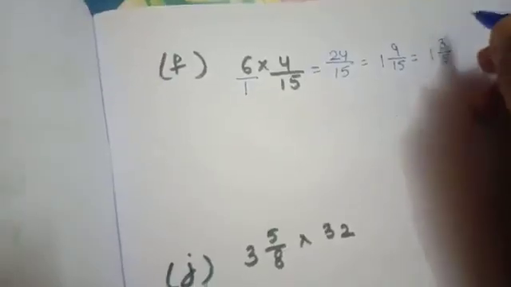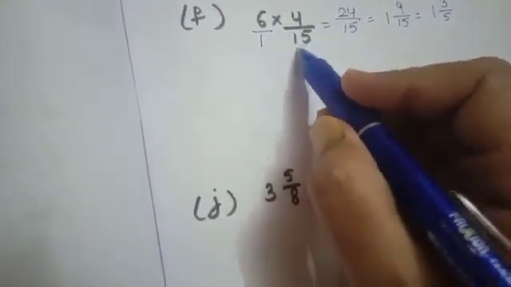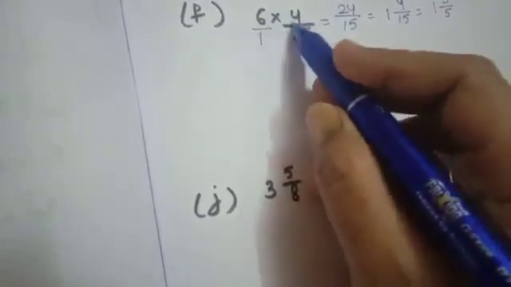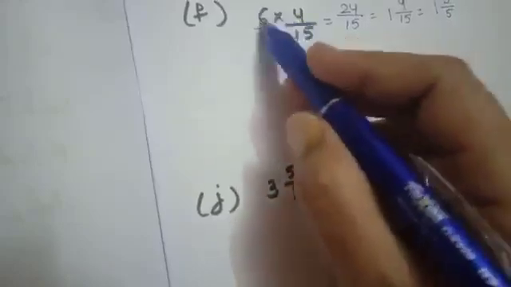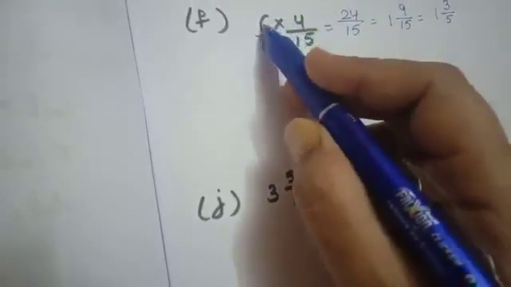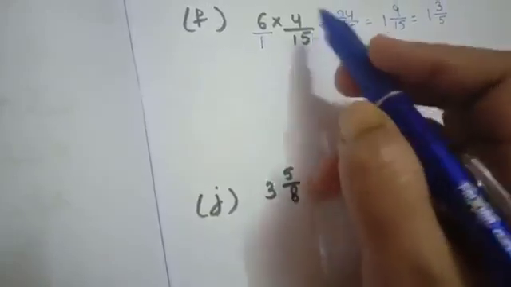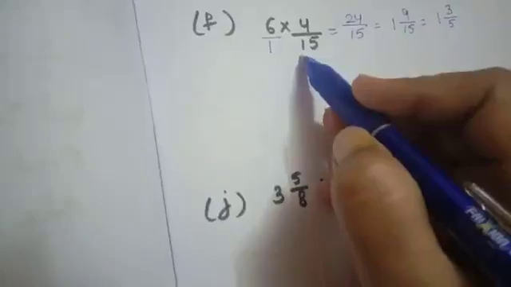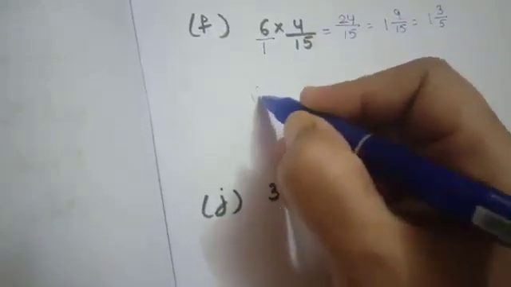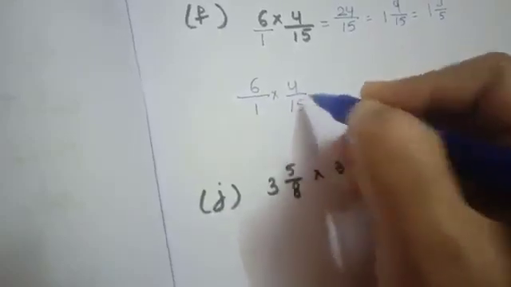Here the shortcut can also be applied. According to that, this denominator 15 could be cancelled with 6 and 4. But at the table of 15, neither of the numbers can come, or at the table of 6, 15 cannot be divided. So we can think of another number which is a common factor of 6 and 15, by which both can be cancelled.